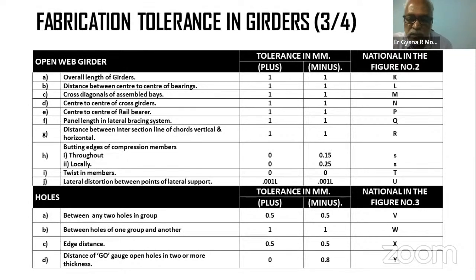But nowadays, we are having mostly HSFG bolting, and a little bit of out of tolerance holes can cause a lot of problems at the site because we do not have any scope of reaming or making bigger holes at the site, because that will completely change the load taking characteristics of HSFG bolts.